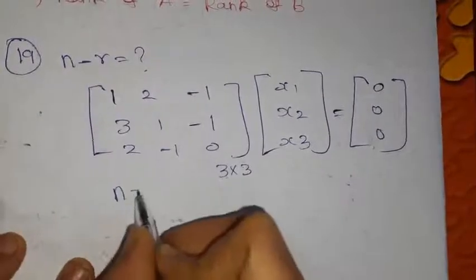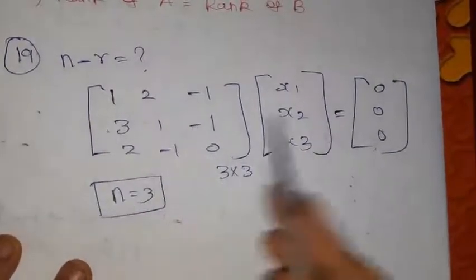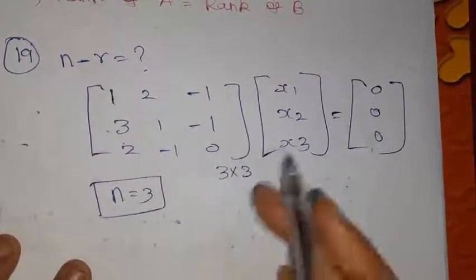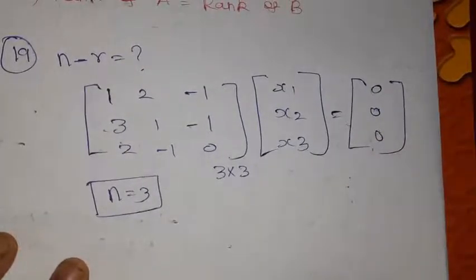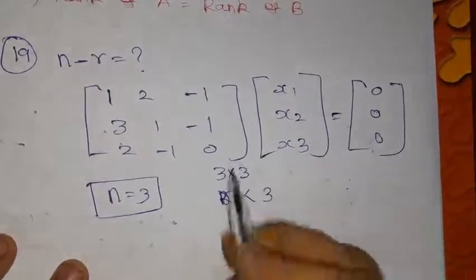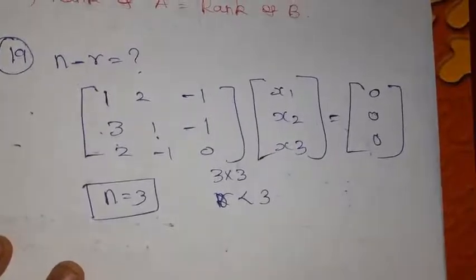We should find out the rank of the matrix. The determinant value is equal to 0, so the rank should be less than 3, because the determinant vanishes.